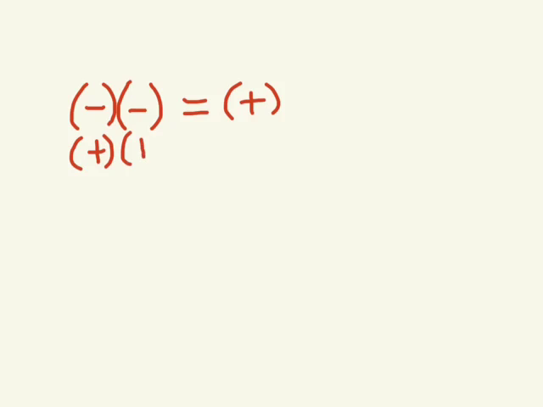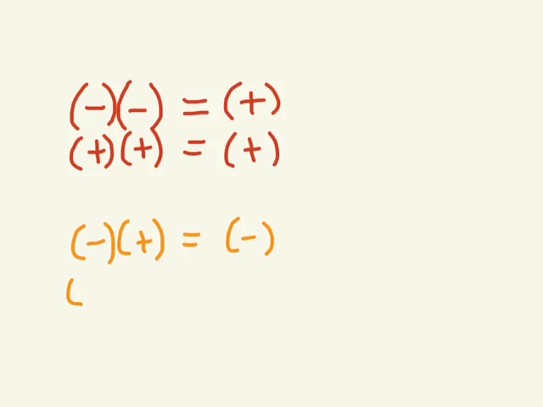Now we're going to look at the rules for multiplying and dividing integers. Whenever you multiply 2 negatives, what will the result be? A negative times a negative is positive. Good. What about a positive times a positive? Good. And what if we have a negative times a positive?